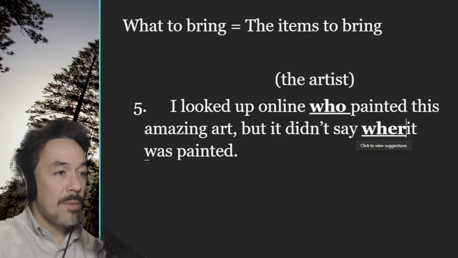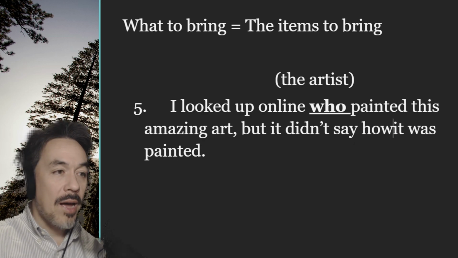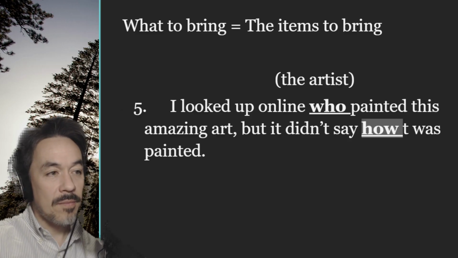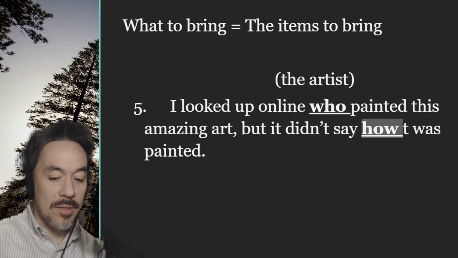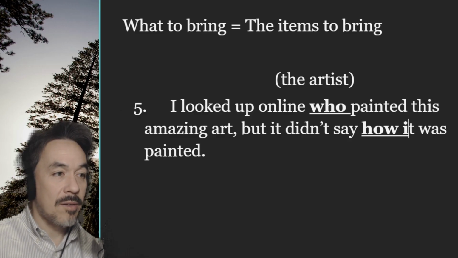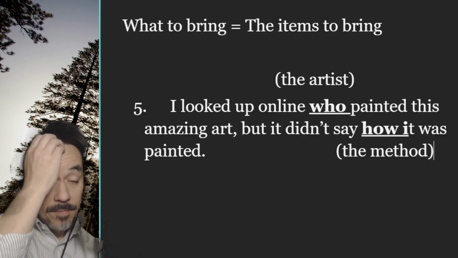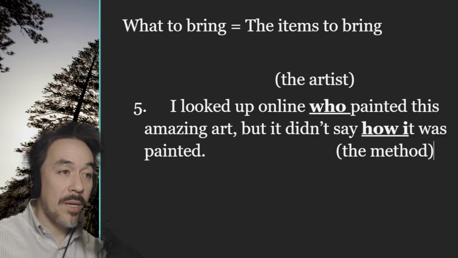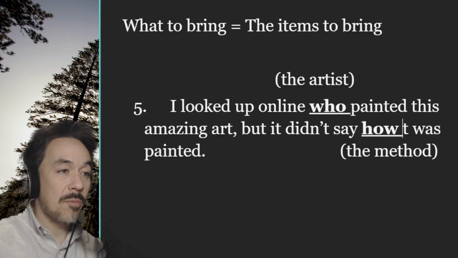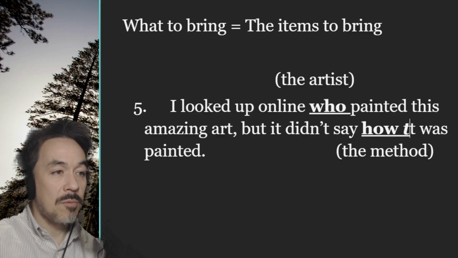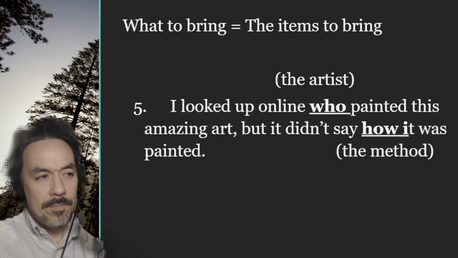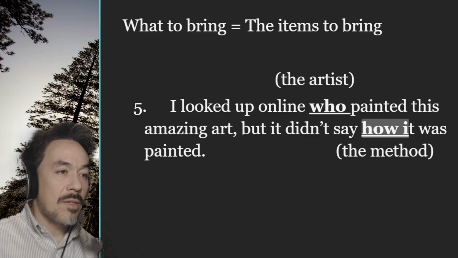Or you could say, how about how? Is that part of this lesson or another lesson? There might be another lesson. How means the method, right? Was it oil paints or what certain kind of paint was it? But let's keep it simple.